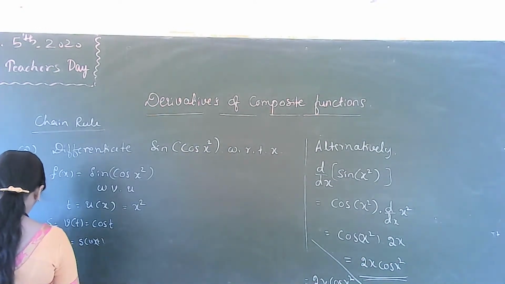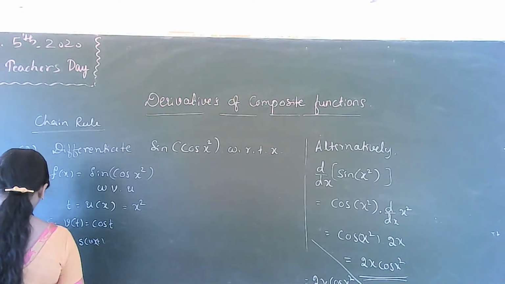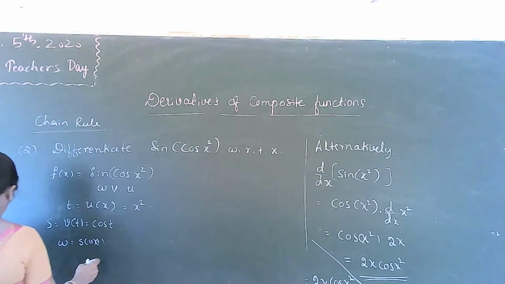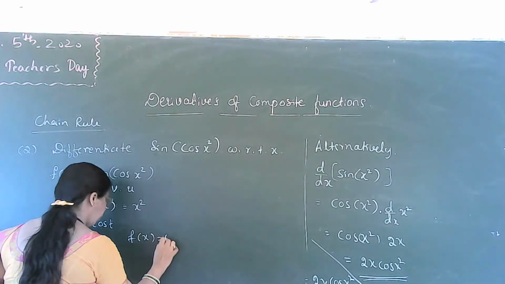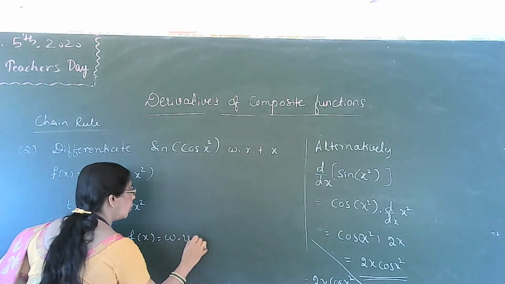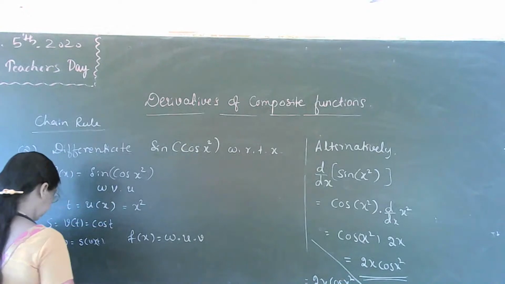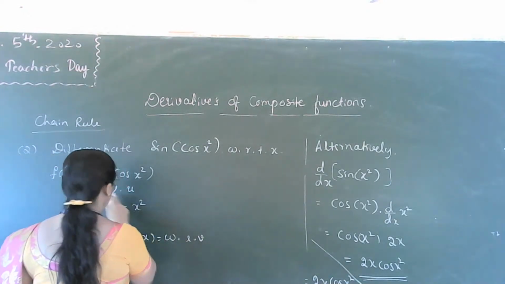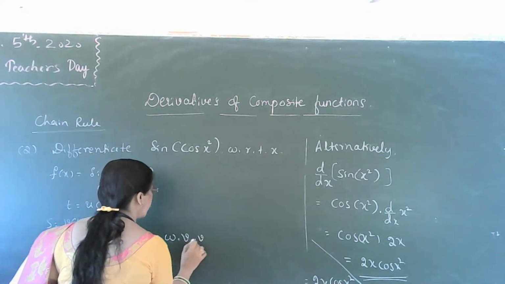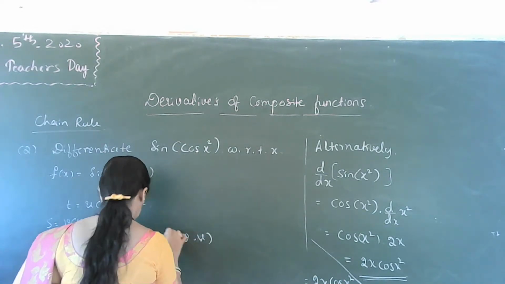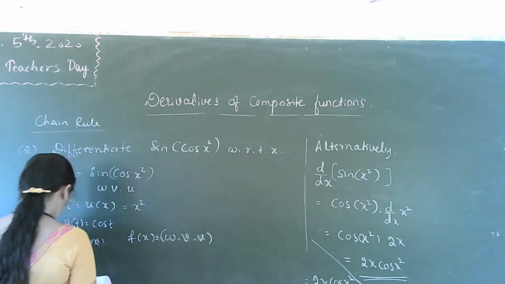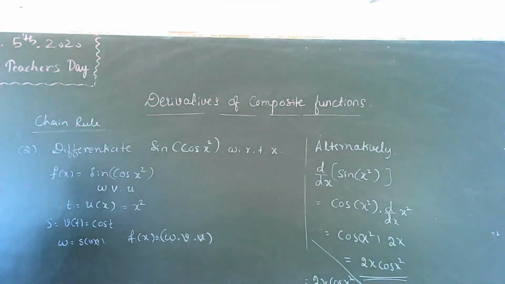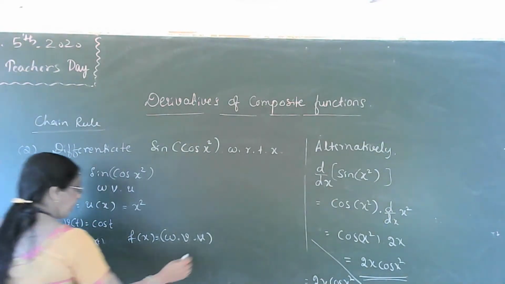We can write the formula here. F of x equal to w of v of u of x.